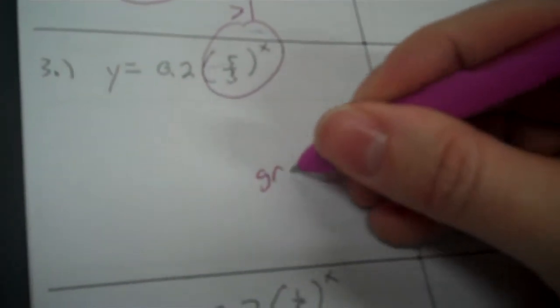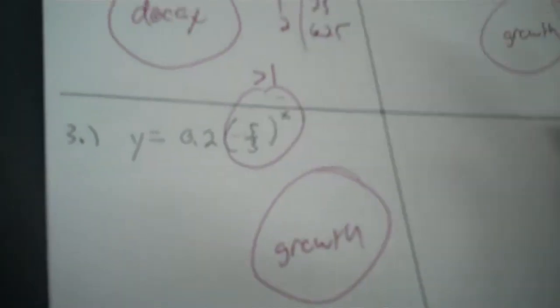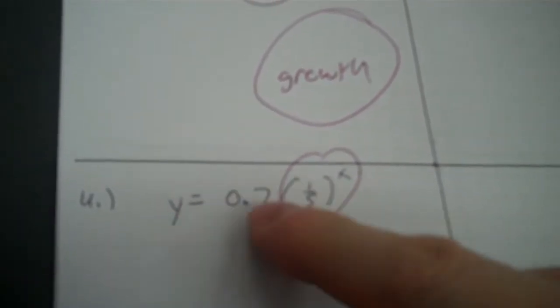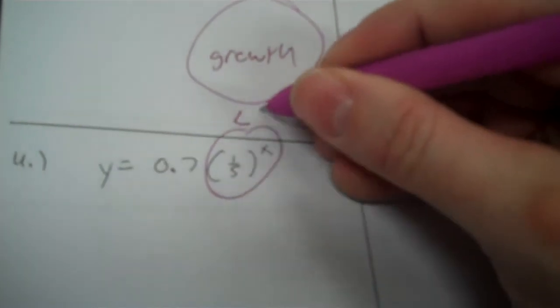So that's an example of growth. Now, the 1/5, because that's your starting number, you don't pay attention to that necessarily. So I go 1 divided by 5. That is less than 1 whole, so that's decay.